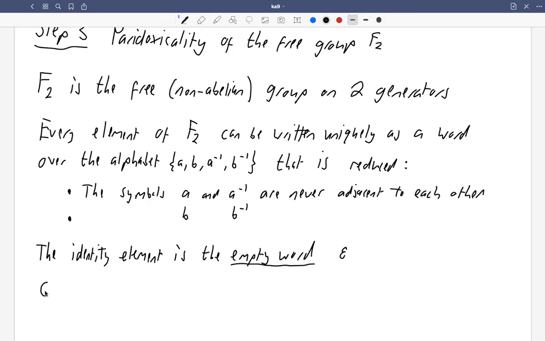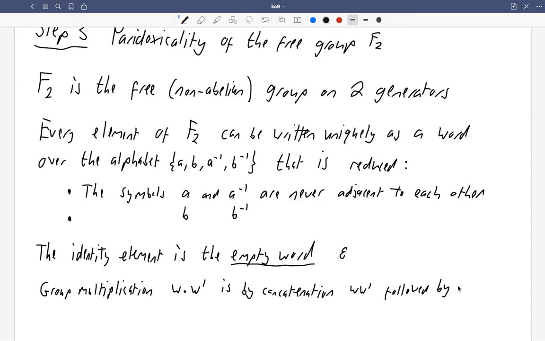The group multiplication: if we multiply two words, let's use the dot for multiplication, w and w prime, we simply concatenate the two words, so put the two words next to each other, followed by reduction.